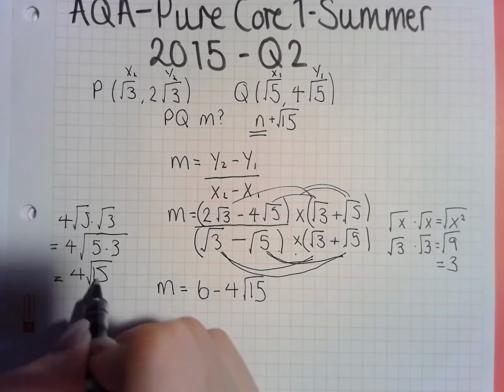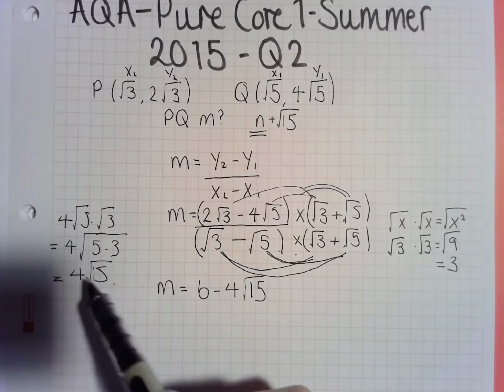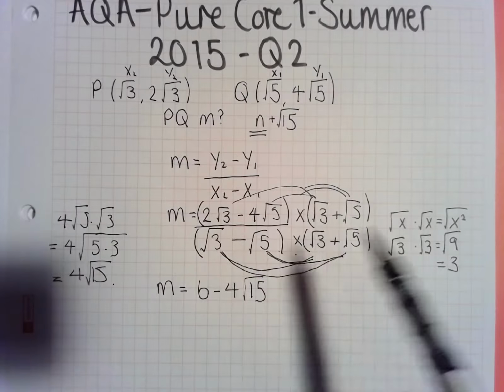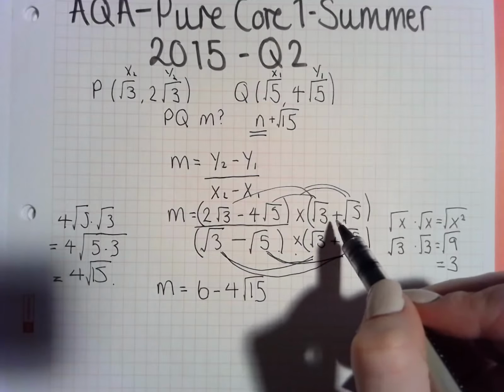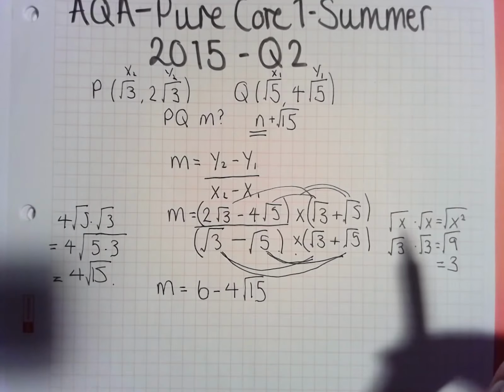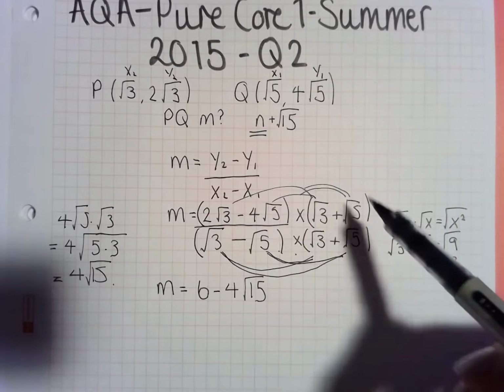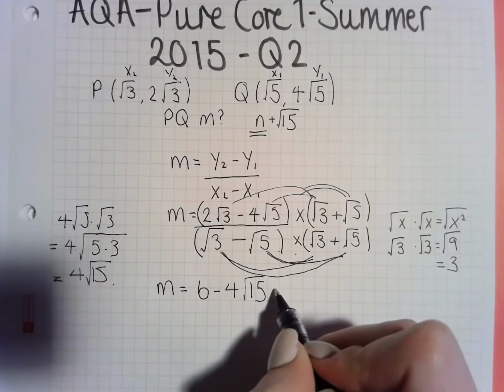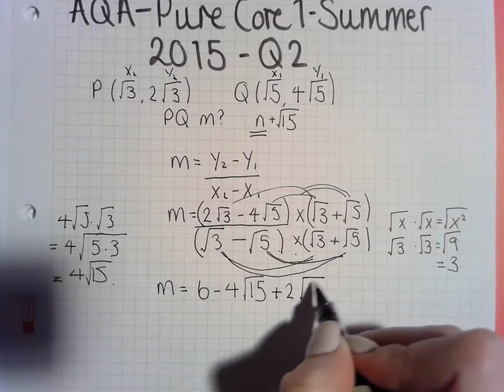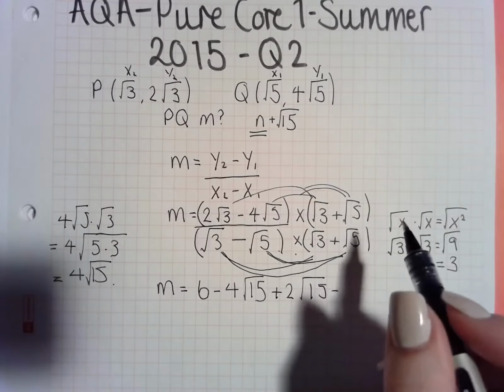And here's our root 15 that we want to see really, because that's how they want to see the answer. Okay, let's keep going. So we now have 2 root 3 times root 5. So we're going to go a bit quicker now. So now we've got 2 root 15.